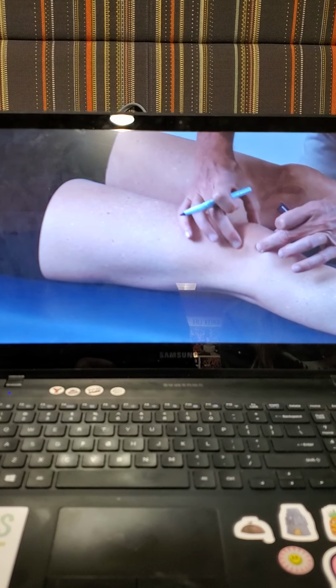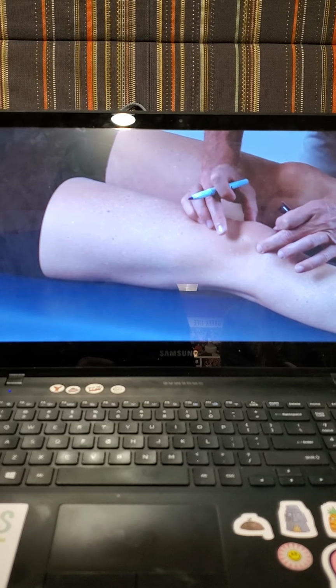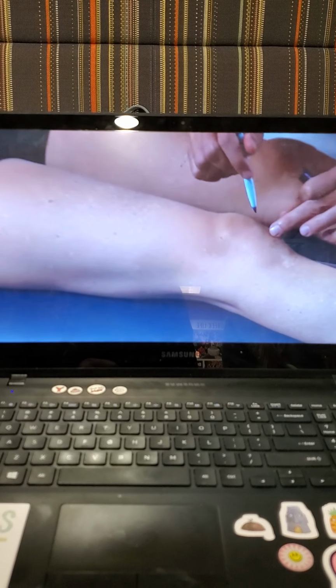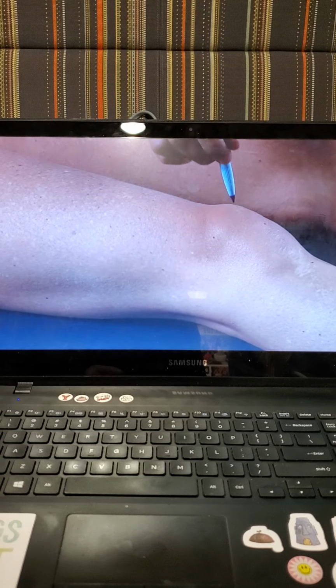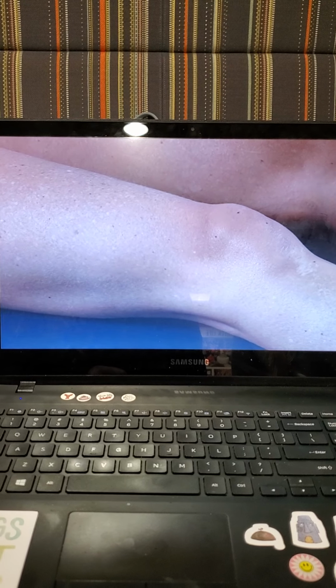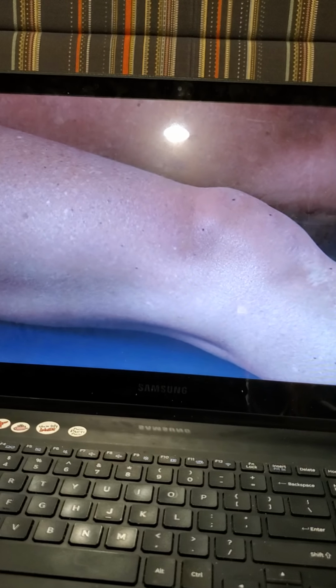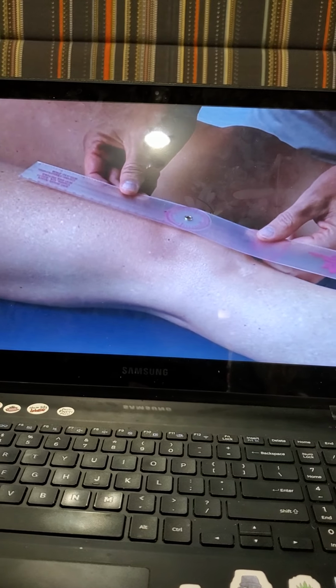Next, we palpate all the corners of the patella, and we put a dot right smack dab in the middle, and that is going to be our axis point. So now we take the goniometer and we place the hole of the goniometer, or the axis, right in that mid patella.